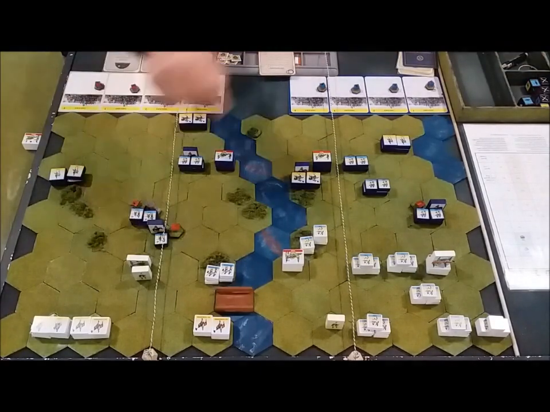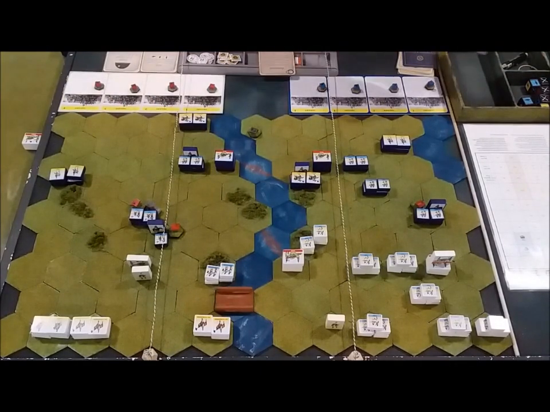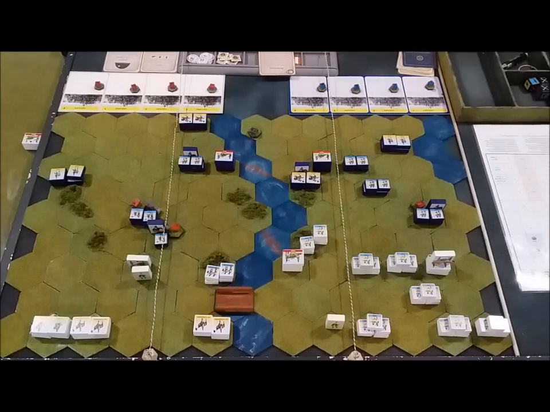So we have the horse artillery here, who gets 2 die, plus 2 die for the bombard. -1 for firing into the town. -1, -2, -1, -1 for artillery. 3 die against here. And we get 2 retreats.